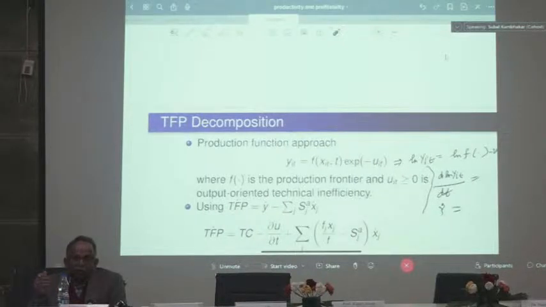So if somebody says, I don't want to report it because it's not going to affect TFP dot, your response would be that's not valid, because including heterogeneity will affect your estimates, and your estimates get into the definition of technical change, technical efficiency change, returns to scale and everything.